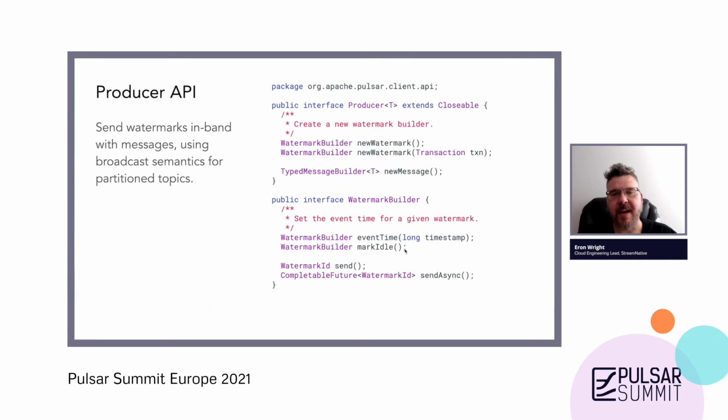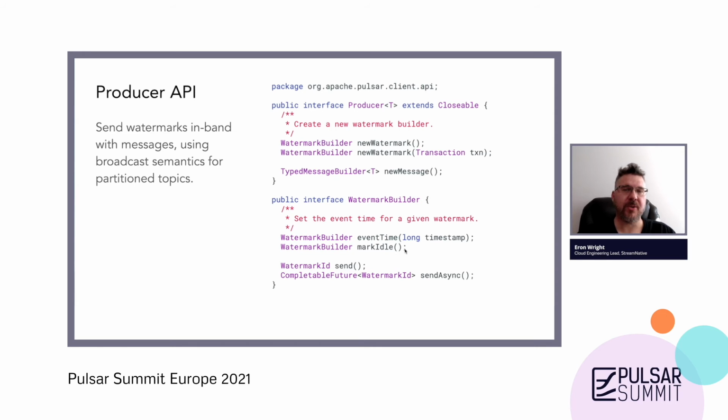When you think about how the broker is aggregating watermarks, this aggregation occurs across all the producers that are contributing to the topic. We want this feature to work when there's numerous independent producers. And a producer is usually identified by name.